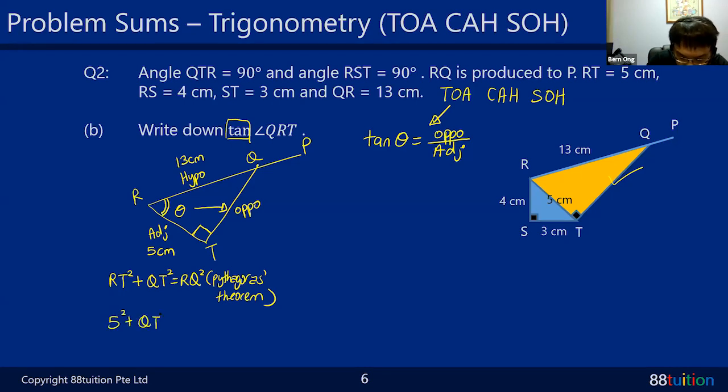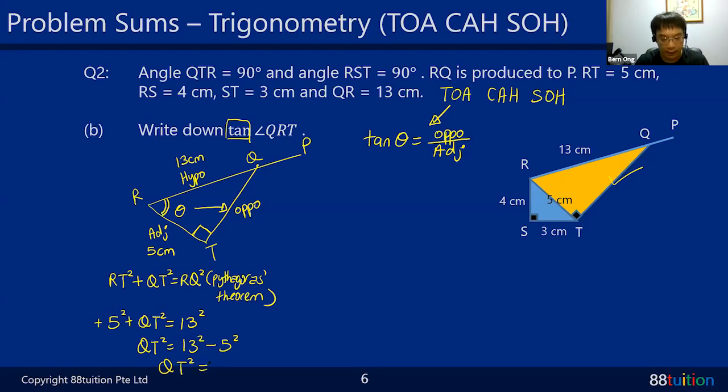I don't know what QT square is, I want to find it. RQ is 13 square. So QT square will simply be equal to 13 square minus 5 square. You can continue saying that QT square is equal to 169 minus 25, which is 144. Then what's QT?